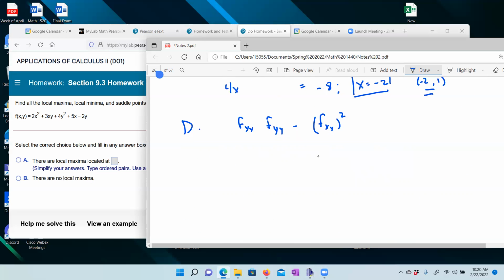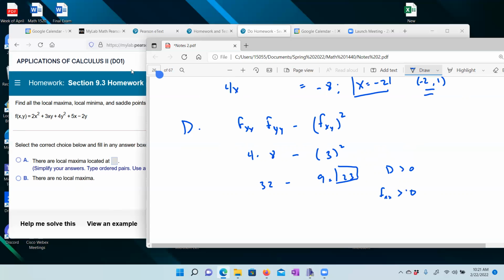So we've got 4 times 8 minus 3 squared. 4 times 8 is 32, minus 3 squared, which is 9. So we end up with 23. This is a positive number. Fxx was also a positive number.